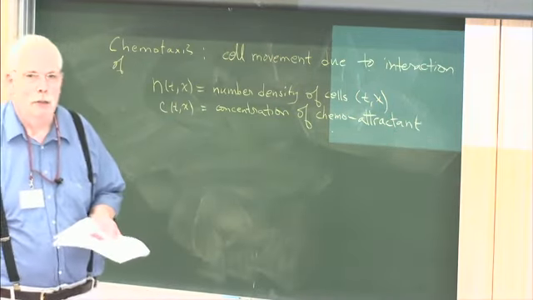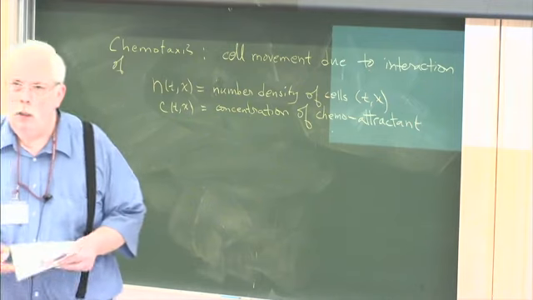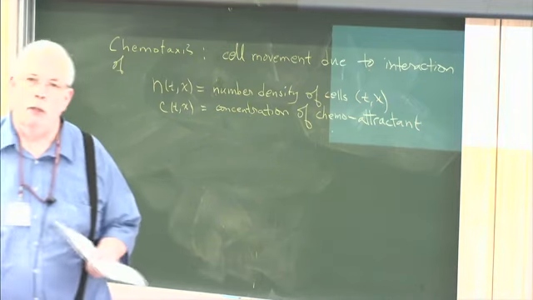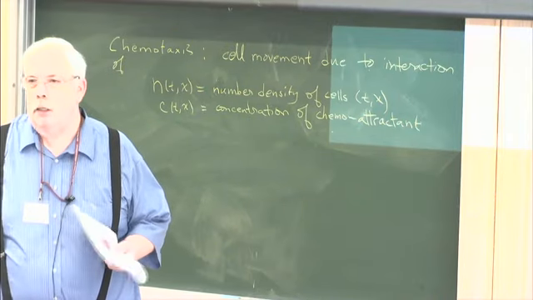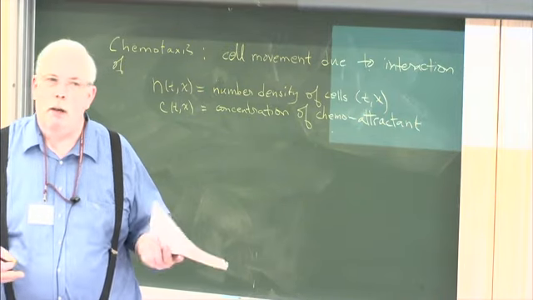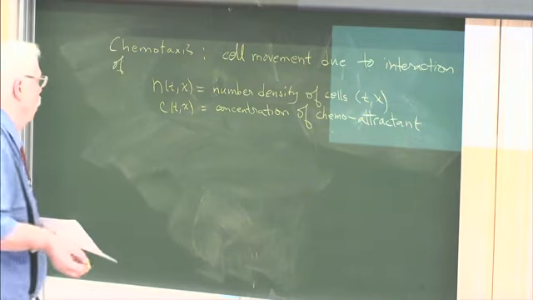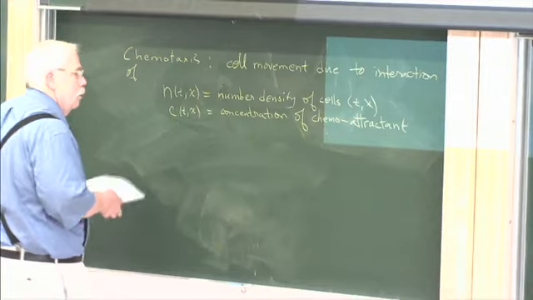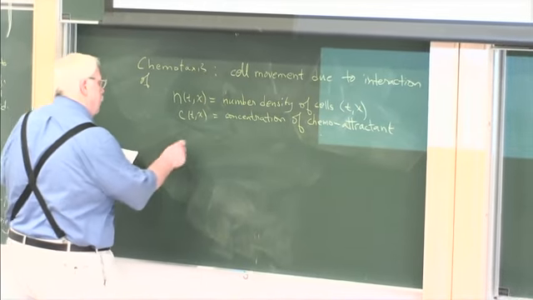So the idea is that cells move, say, go up the gradient of this chemical, and as they go up, they also excrete this chemical. So it looks like this.